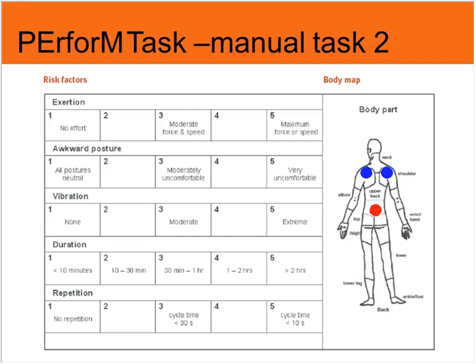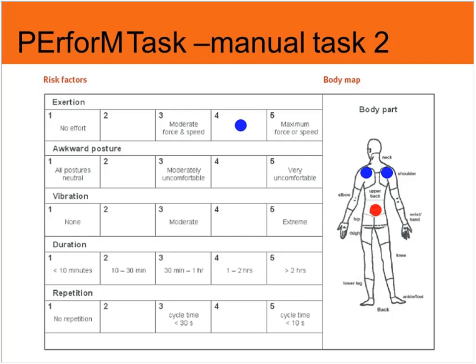Okay, so let's have a look at the shoulders to start off with. So we would have gone with the 4 for the exertion for the shoulders, and this would really be because the worker does seem to be struggling sometimes with some of the linen. You could have wet towels, the linen could be tangled together, so that would require a bit more force to pull those bundles of linen up.